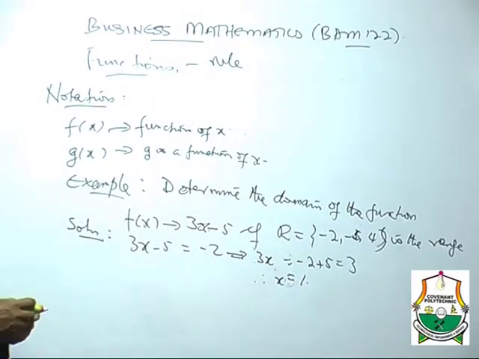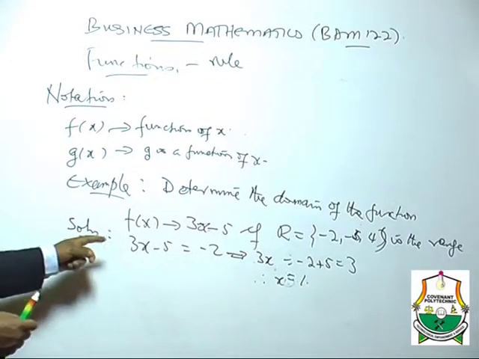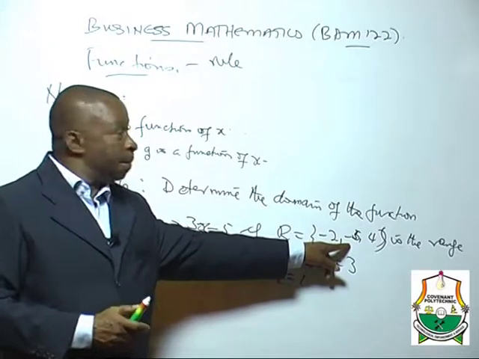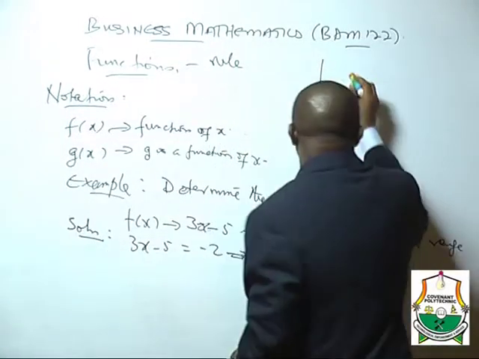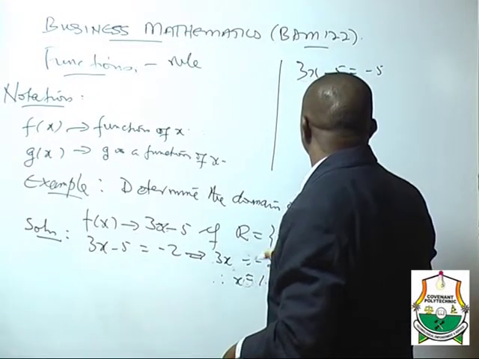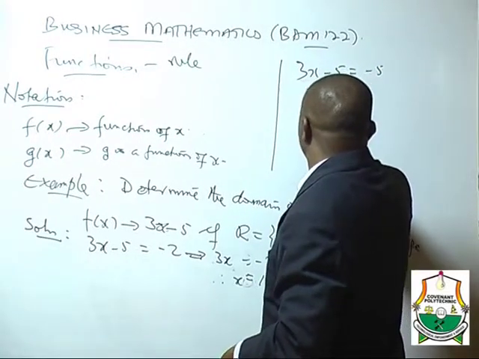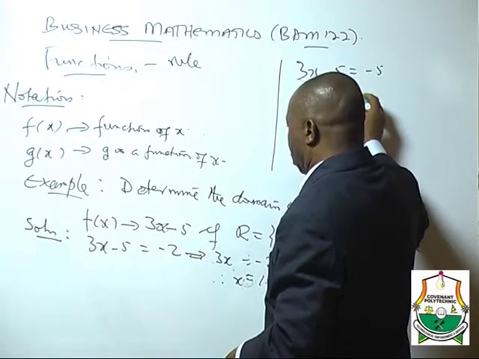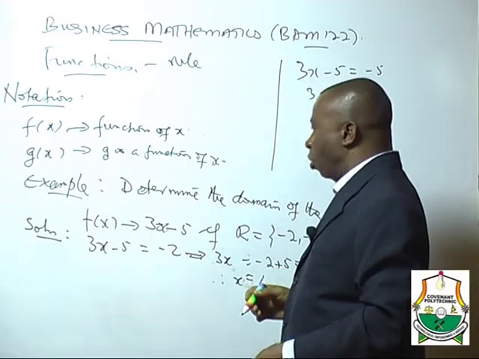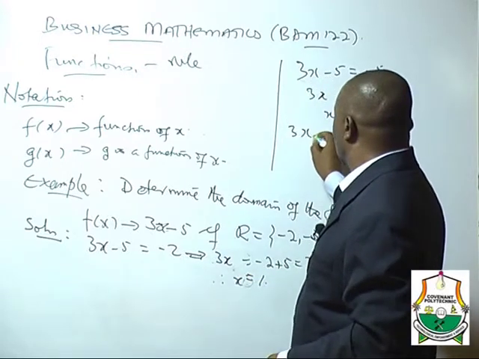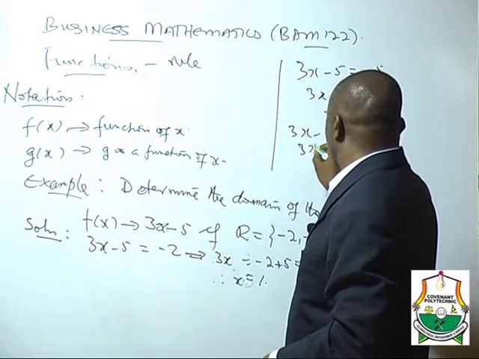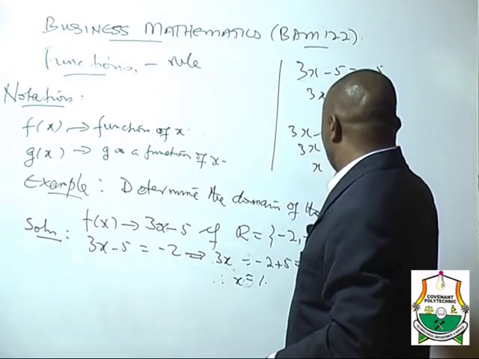Similarly, we do the same for 3x minus 5 equals minus 5, which shows 3x equals 0, x is 0. Also, 3x minus 5 equals 4. So 3x is 9, x is 3.